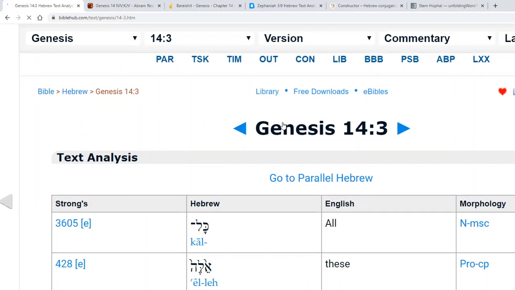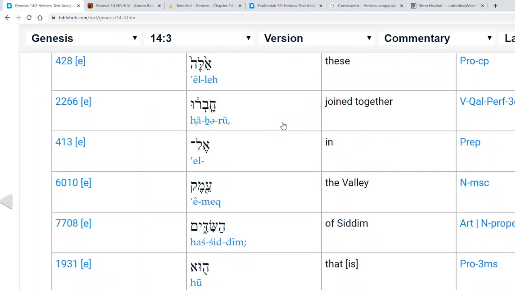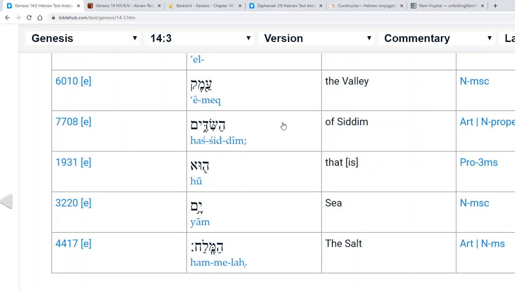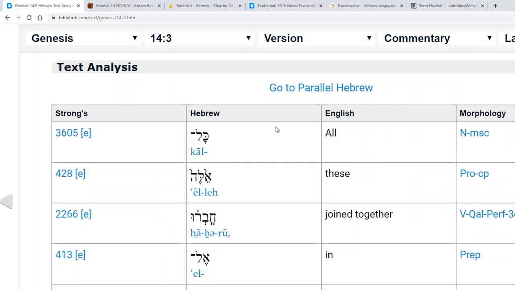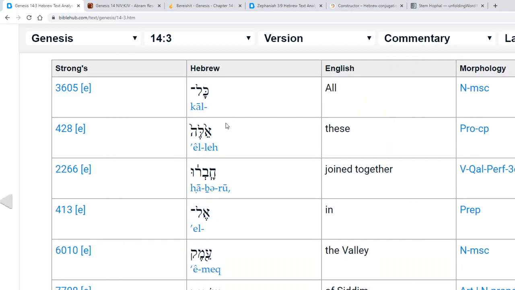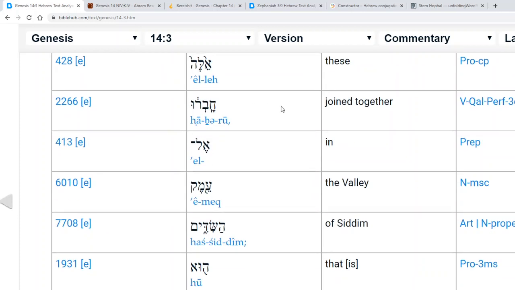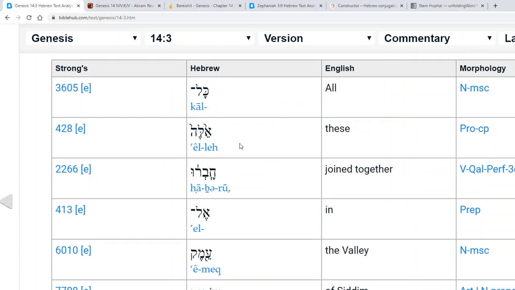Okay. Kol ele chavru el emek hashidim hu yam hamelach. Okay. Kol means all. Ele means these, right? It's the pronoun. So kol ele, so all of these. Chavru, so the root here is chet bet resh, which means to collect together, to put together, right? Chaver is a friend, right? We see that word in the Bible.